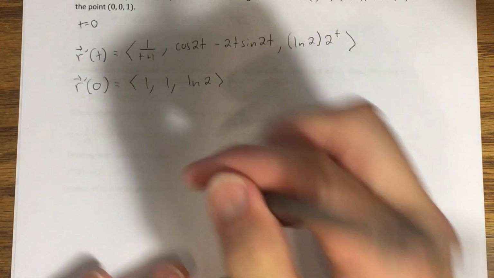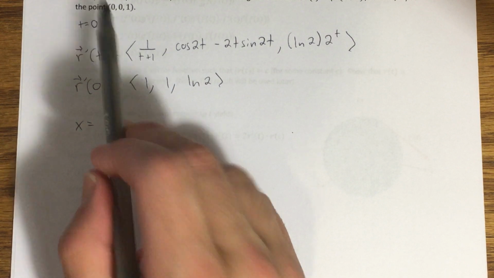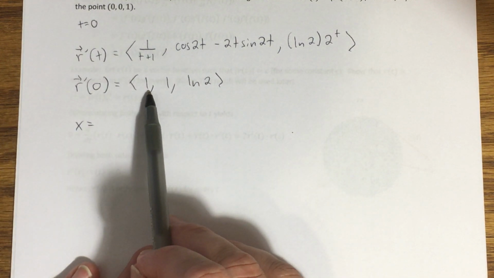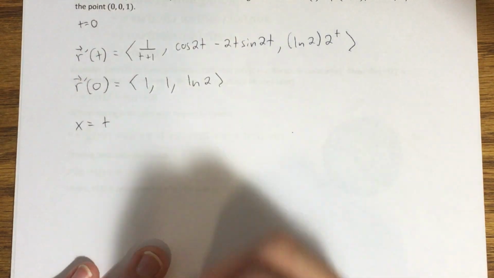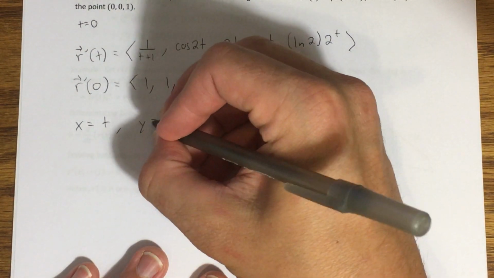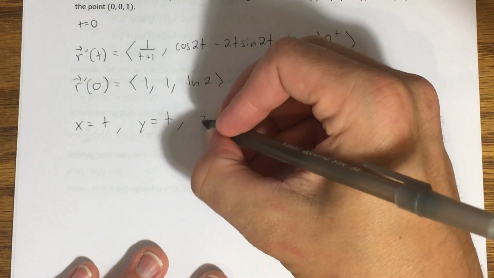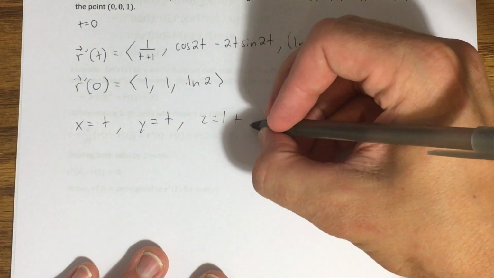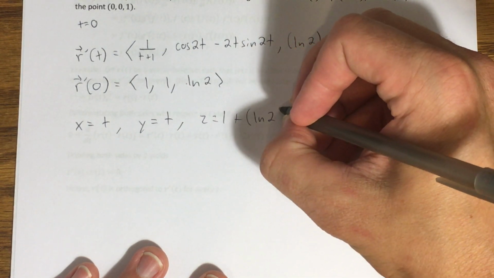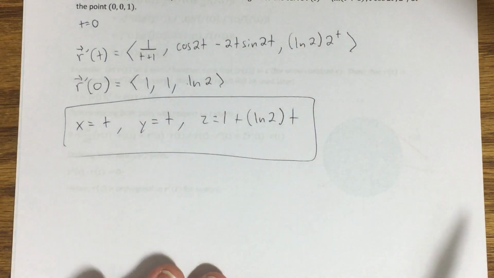The parametric equations would then be x equals the x coordinate of this point, which is 0, plus the x component of this vector times t, 1 times t. That just becomes t. Notice y is also equal to t in this example for the same reason. z would equal 1 plus natural log of 2 times t. And those are the parametric equations that I can use for that line.